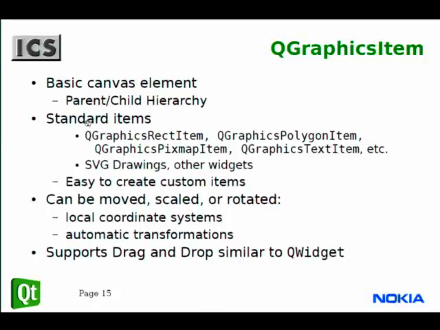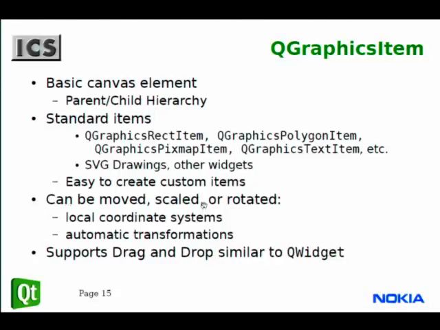And there are some concrete derived types. So graphics item is abstract. You have to implement certain pure virtual methods on it. But then we have concrete types for rectangles, polygons, pixmaps, texts that you can also extend or just instantiate directly.